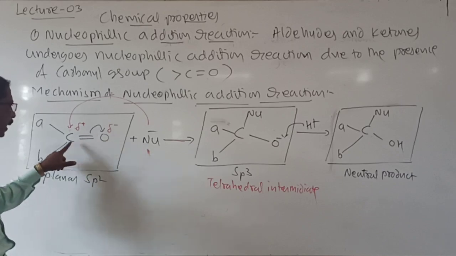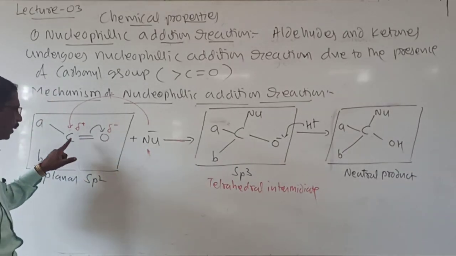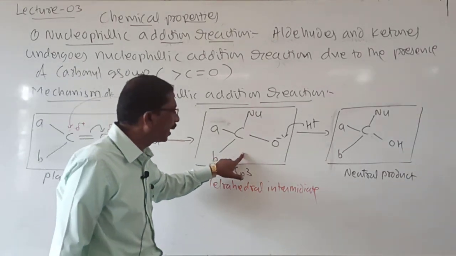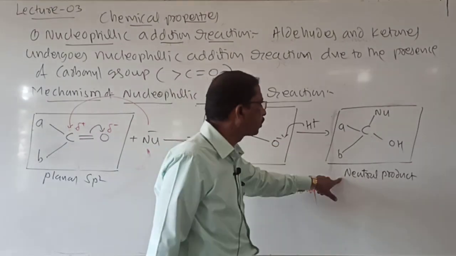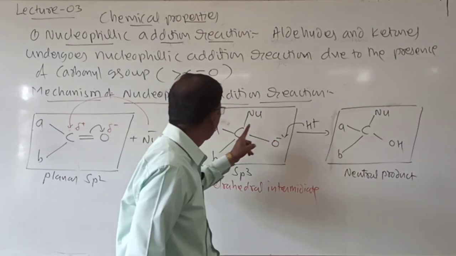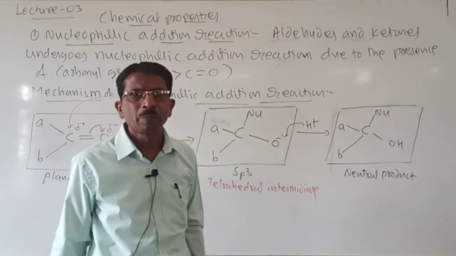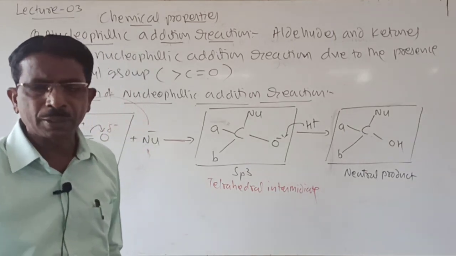When a nucleophile attacks the electrophilic carbon center, which is sp2 hybridized, it forms an unstable tetrahedral intermediate, and then it undergoes protonation and forms a neutral product. This is called addition, as the nucleophile and the proton are added.